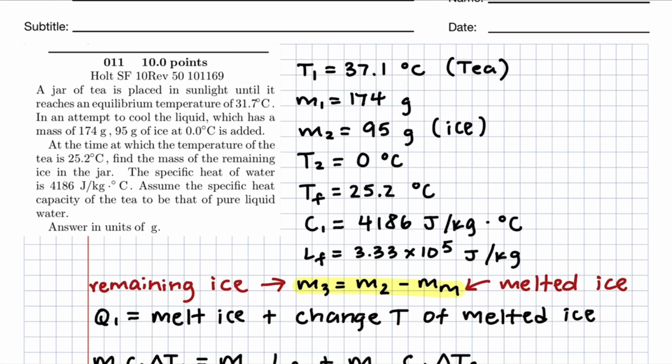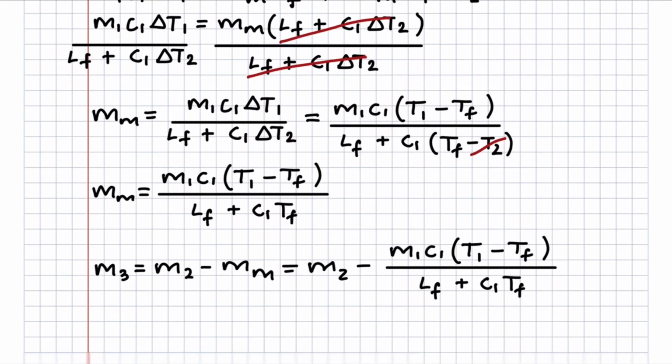The reason why is when I plug in my numbers, you'll see that my units for specific heat and latent heat of fusion will cancel, which means I'm going to be left with grams. And that's what I want because the question wants me to give my answer in grams. So because of these two and how they're going to cancel the units, I do not have to convert these into kilograms. Just so you know.